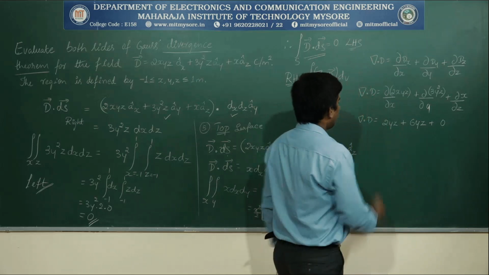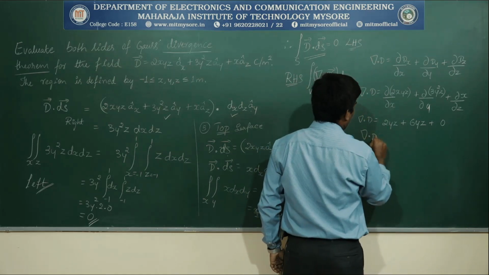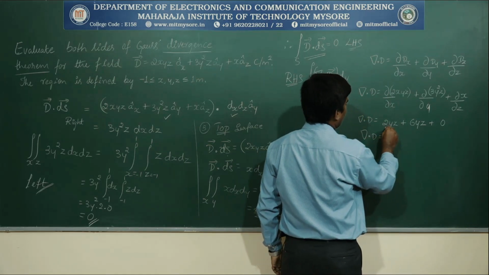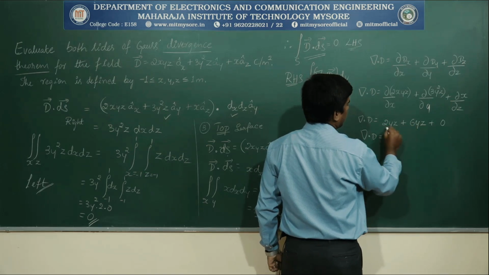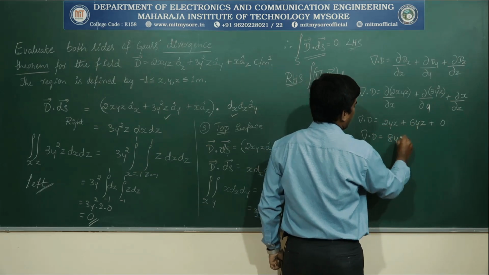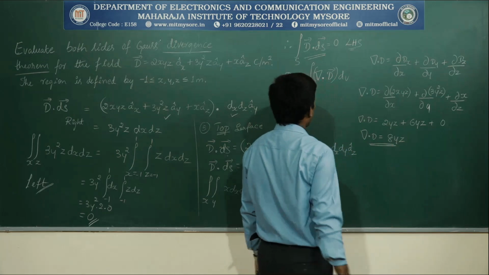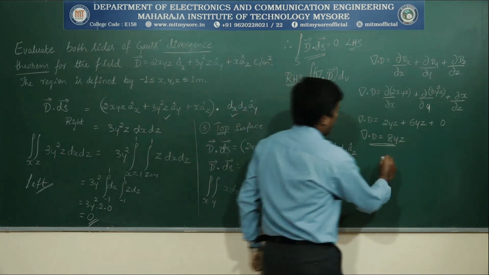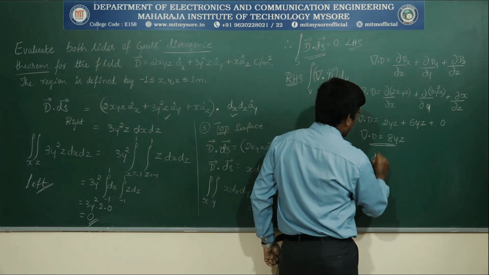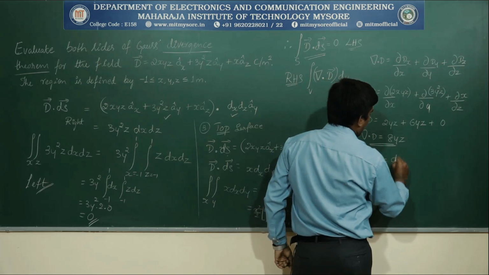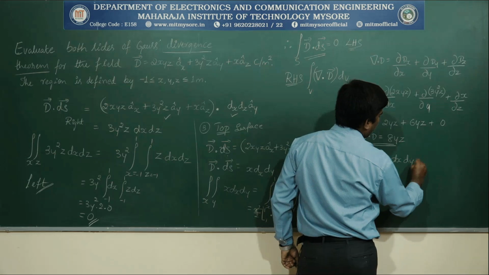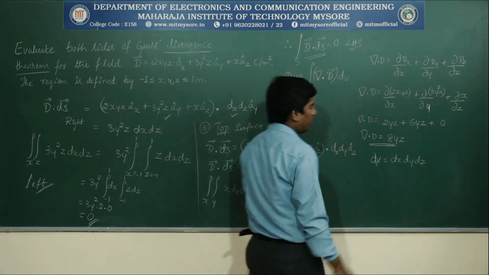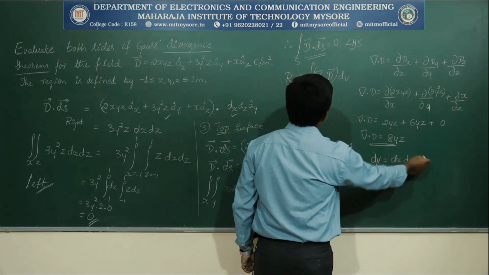Okay. So what is the answer? Del dot D is equal to 8yz. We need to integrate with respect to v. What is dv? dv is equal to dx dy dz, the differential volume.